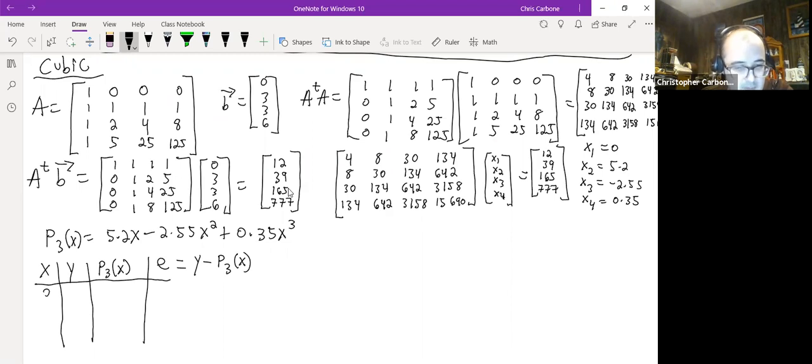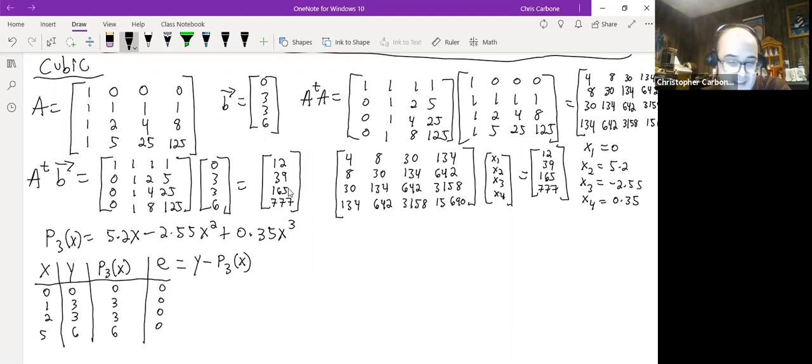The points that we had were 0, 0, 1, 3, 2, 3, and then 5, 6. If we plug 0 into our polynomial, we get a value of 0. If we plug 1 in, we get a value of 3. Plug 2 in, we also get a value of 3. And we plug in 5, we get a value of 6. Which means when we subtract these now, all these error terms are 0.